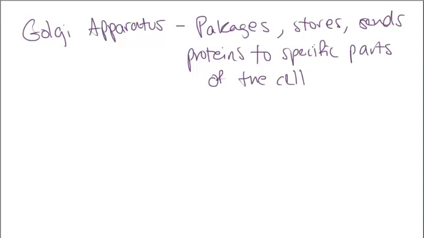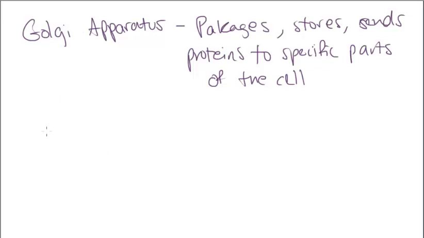So if we're talking about the general process of a protein and its packaging, it usually goes from the ribosomes of the endoplasmic reticulum, to the Golgi apparatus, and then to specific parts of the cell. All the organelles that we've talked about at this point are found in both plant cells and animal cells.